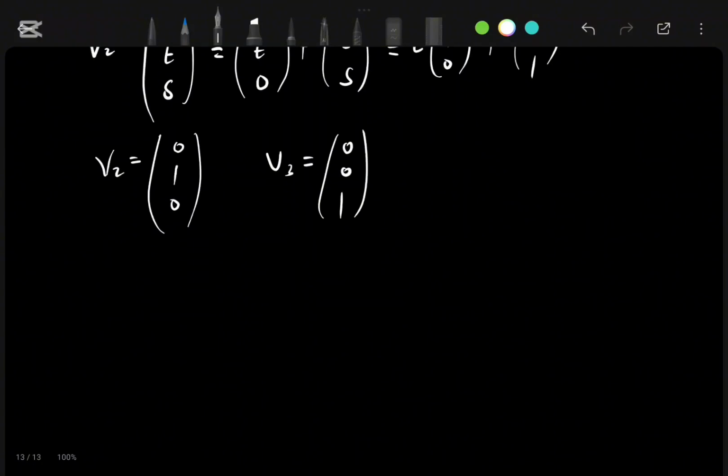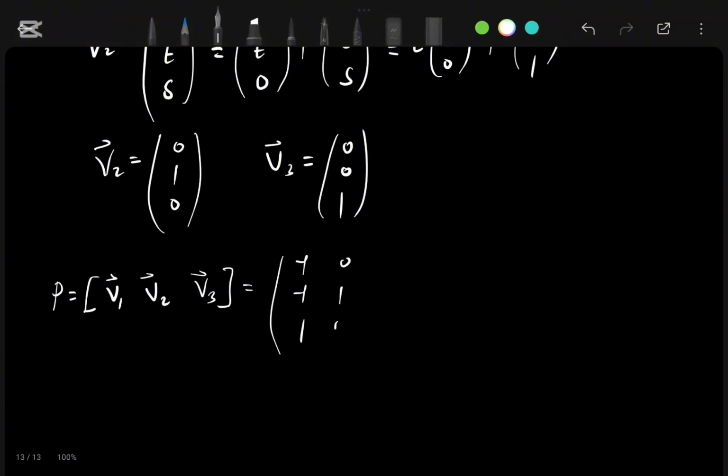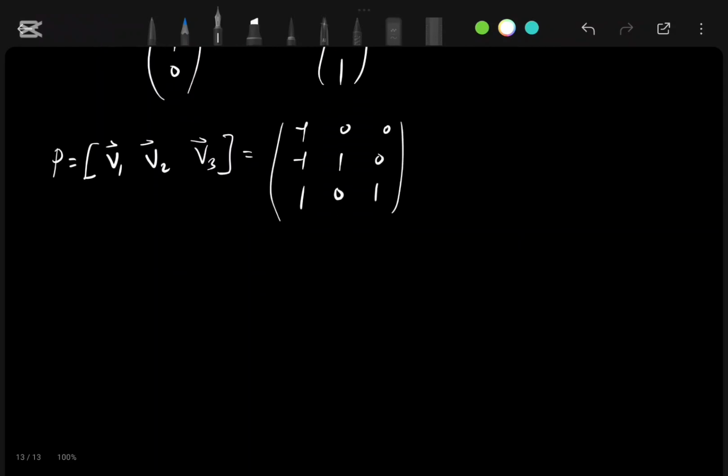So now your P matrix, which is given by v1, v2, and v3, is now given by our v1, which was -1, -1, 1, our v2, which is 0, 1, 0, and v3, which is 0, 0, 1.